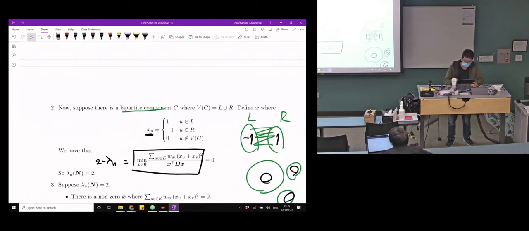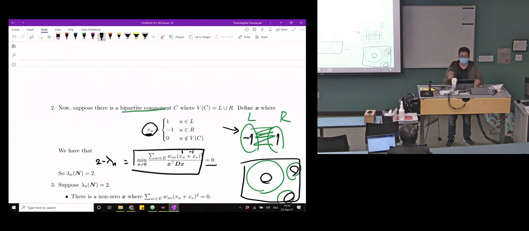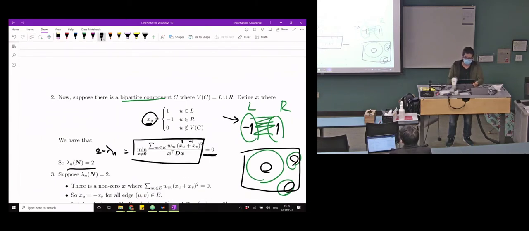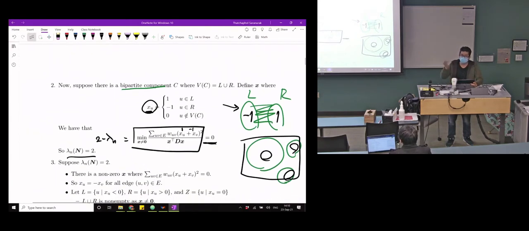So when you plug this x in, you will get 0, because everything here is 0 anyway, and on the component which is bipartite, whenever you have an edge, one is going to be 1 and the other is minus 1, so you cancel out perfectly, so you get 0. And so lambda n is 2 when there exists a bipartite component.